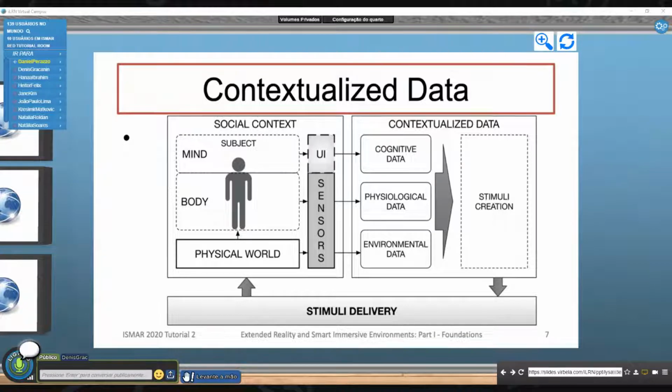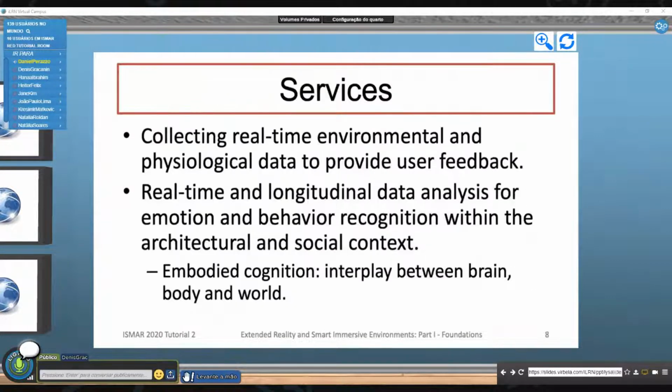In order to do that, we can provide services. For example, collecting real-time environmental and physiological data to provide user feedback, analysis of real-time and longitudinal data, and that will allow us to perform some pattern detection, emotion and behavior recognition within a contextual and social context. Because keep in mind also, it is not just a single user.